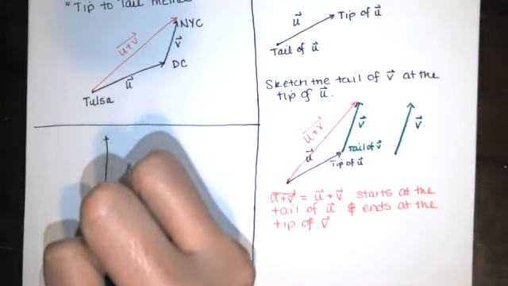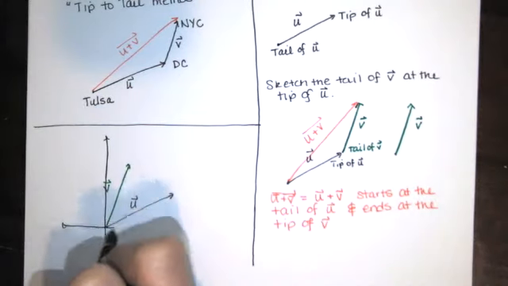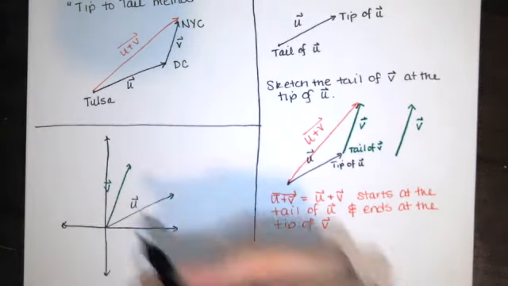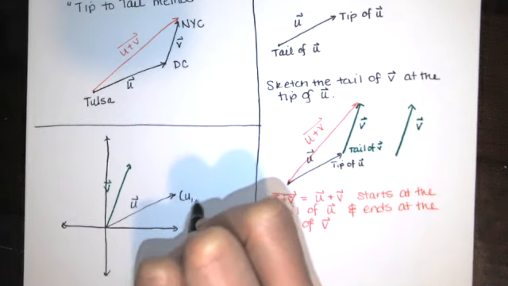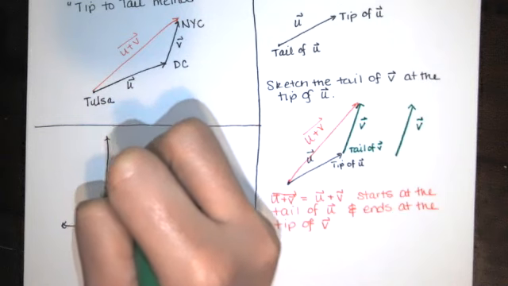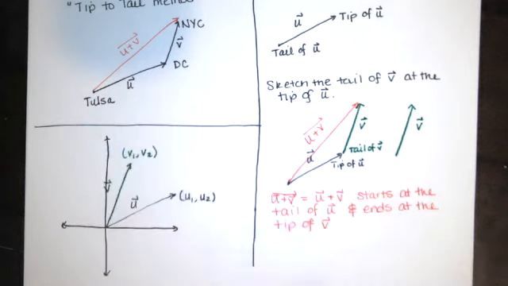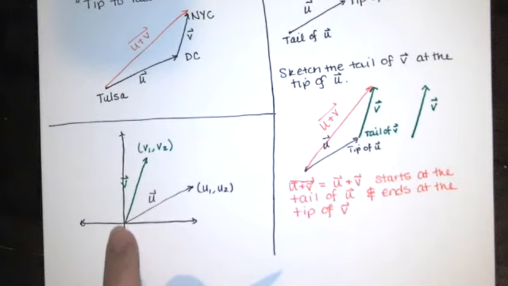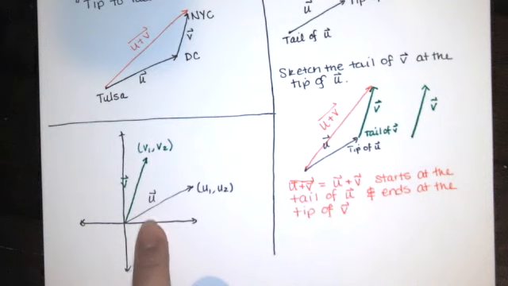So maybe we're drawing them in the xy plane. And because we are thinking of these as associated with 2 points, u1 and u2, and v1 and v2, and thinking of these vectors as both starting at the origin, this is what u and v would look like if I was just sketching them in the plane.